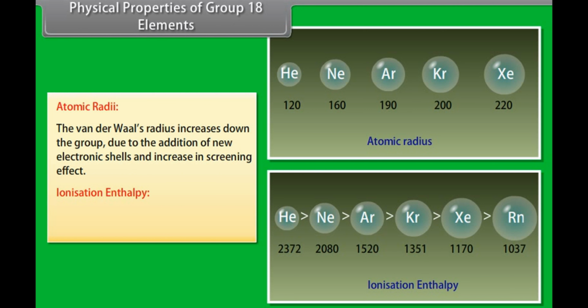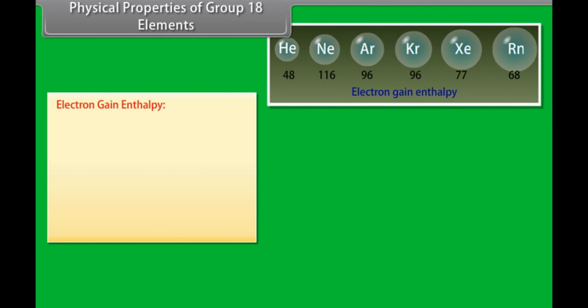This is due to the stable configurations of noble gases. It decreases with increase in atomic number from helium to radon. Electron gain enthalpy. Since noble gases have stable electronic configurations, they have no tendency to accept the electron and therefore have large positive values of electron gain enthalpy.